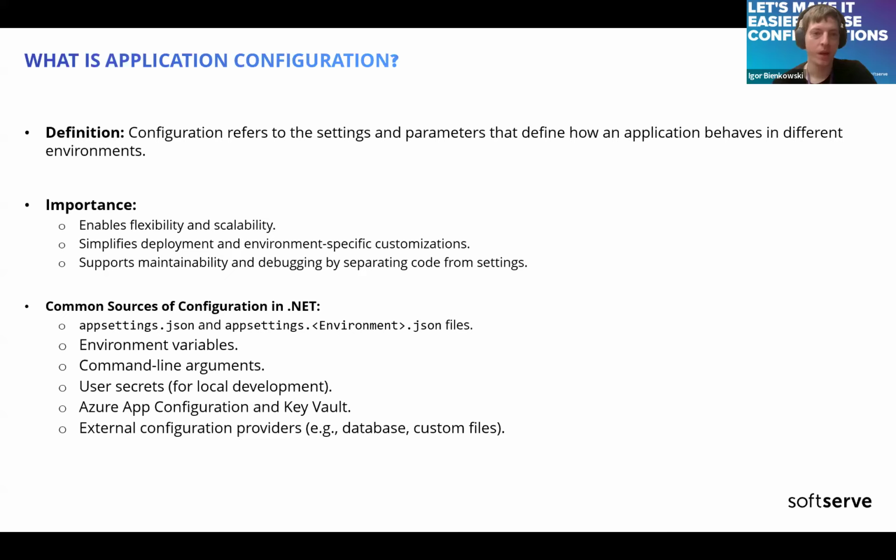discuss them. So the application configuration, of course, refers to the settings and parameters that define how an application behaves in different environments. If we have any database connections, any third-party APIs, we need to configure URLs to them, sometimes passwords, secrets, API keys, connection strings, etc. And all of that we put into the configuration.